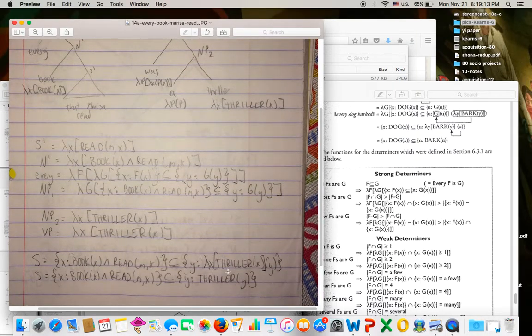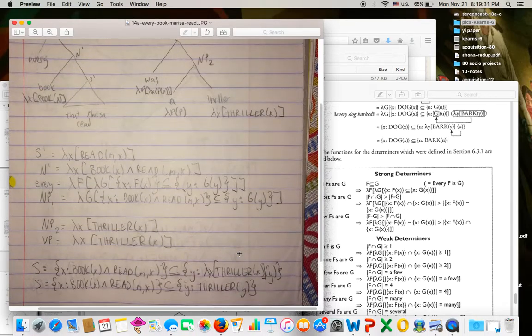So first I'm plugging it in for G, and then I have y filling in where the x is and canceling out the lambda x. You don't need to write out this step. We typically skip it over, but Kearns has it shown, and so I wanted to show it for one of the examples. And so the thriller predicate is the other predicate that every is looking for.